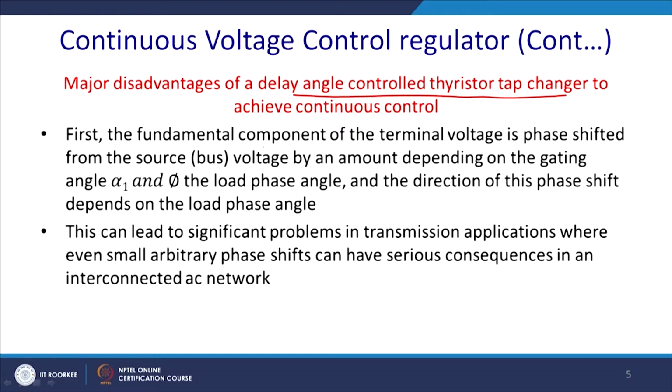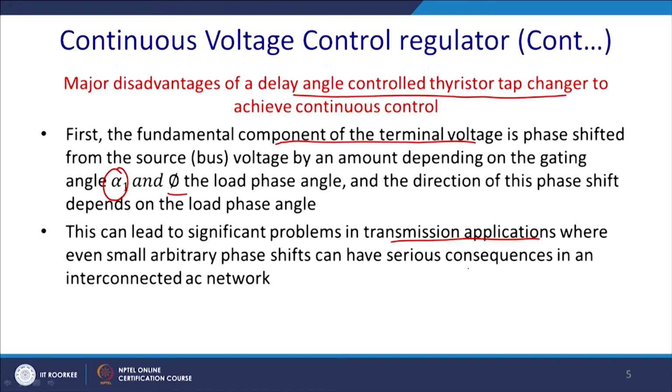First, the fundamental component of the terminal voltage is phase shifted from the source voltage by an amount depending on the firing angle alpha 1 and phi, the load phase angle, and the direction of the phase shift depends on whether the load is inductive or capacitive. This can lead to significant problems in transmission line applications, where a small arbitrary phase shift can have serious consequences in the interconnected network.